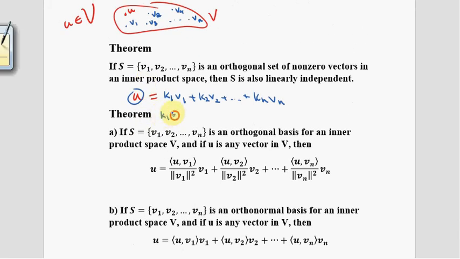So here, K sub 1 is the inner product of U with V sub 1 all over the norm of V sub 1 squared. K sub 2 is the inner product of U with V sub 2 over the norm of V sub 2 squared.